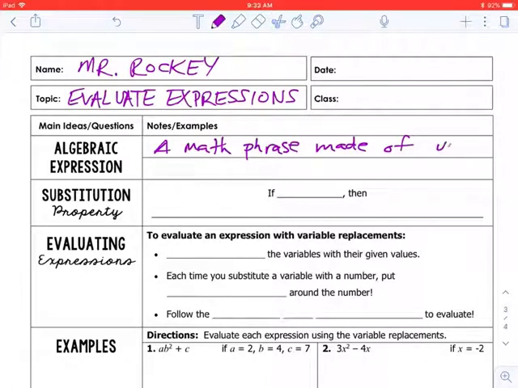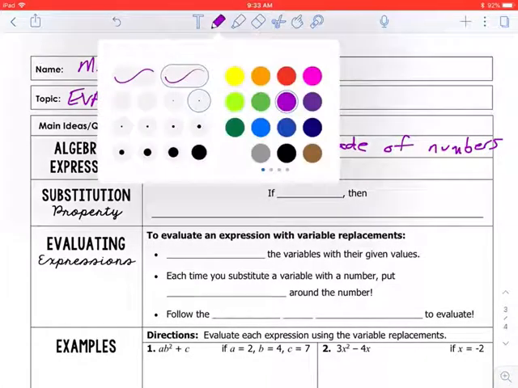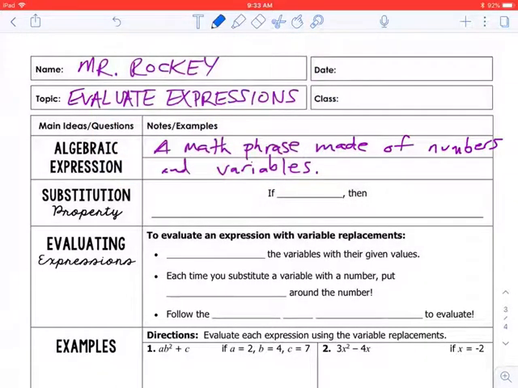It's made up of numbers and variables. Remember, variables are letters like X, Y, A, B, things like that. Okay? So when we're evaluating an expression, we have to use the substitution property.